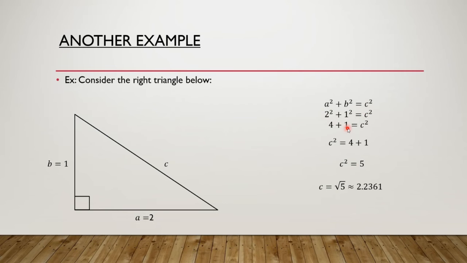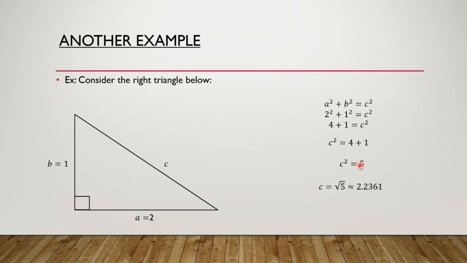So 4 plus 1 is c squared, right? And I just rewrote it like this because the unknown, which is our c, it's really better to put that on the left. If you kept it on the right side with me, that would be okay. It's just that technically it's supposed to be on the left side of the equal sign. But anyway, we get c squared is 5.